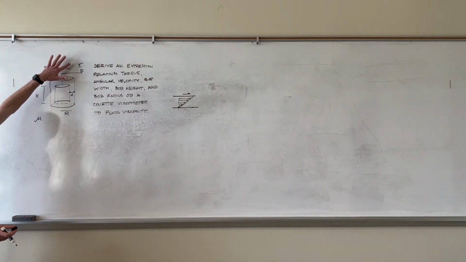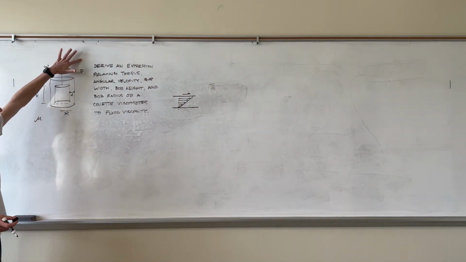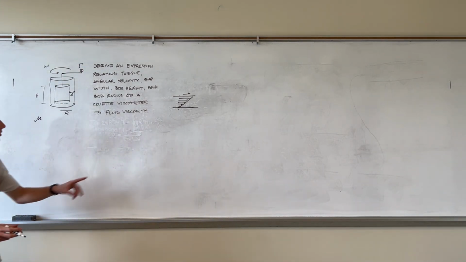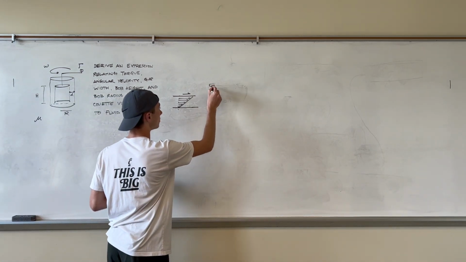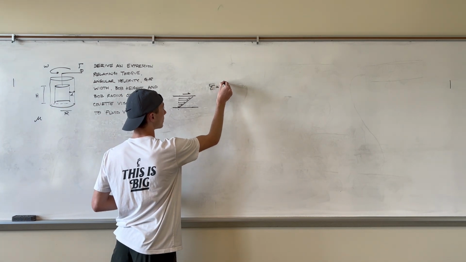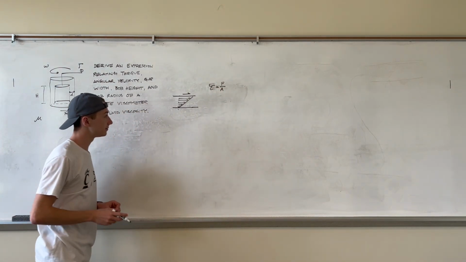There's going to be a lot of T's here. We're going to use the tau symbol for torque, and for shear stress, we'll use this T. For shear stress, we're used to force over area.